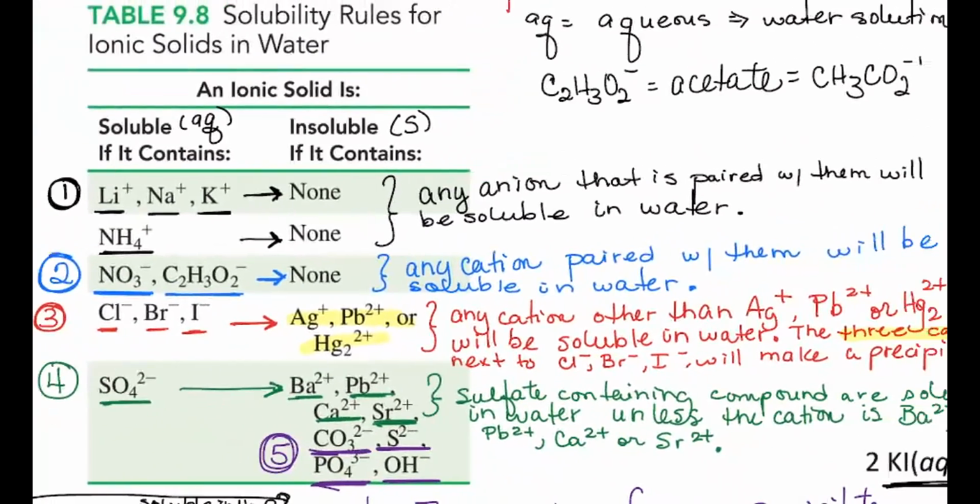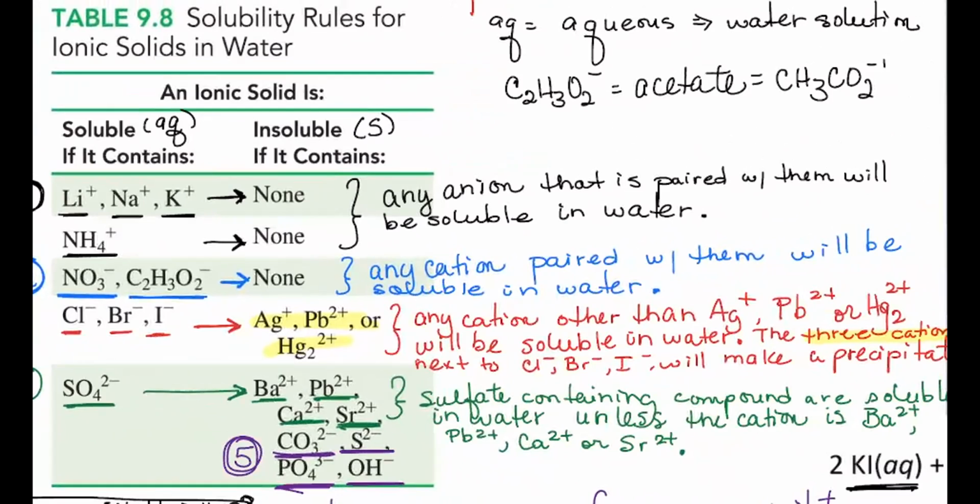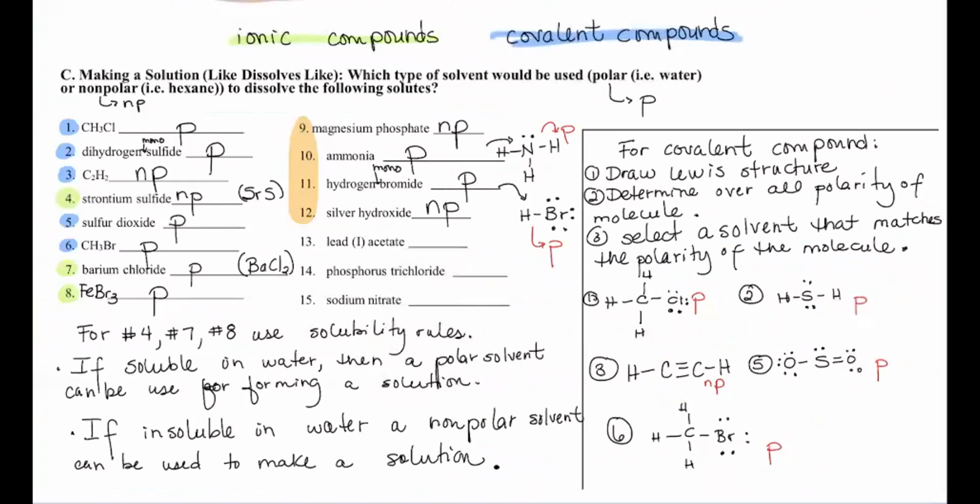Any cation paired with acetate or nitrate, in this case, we're doing acetate, will be soluble in water, and that is always. So if lead 1 acetate needs a solvent, since it's soluble in water, we will be able to use a polar solvent like water to make a solution.